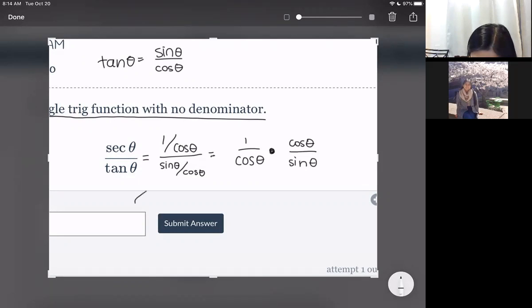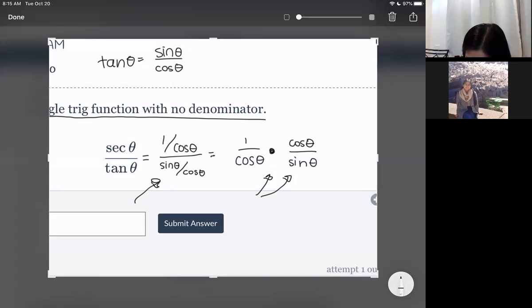Remember that when you divide by a fraction, you can switch it to multiplying by the reciprocal. Does that sound familiar? I hope it does.